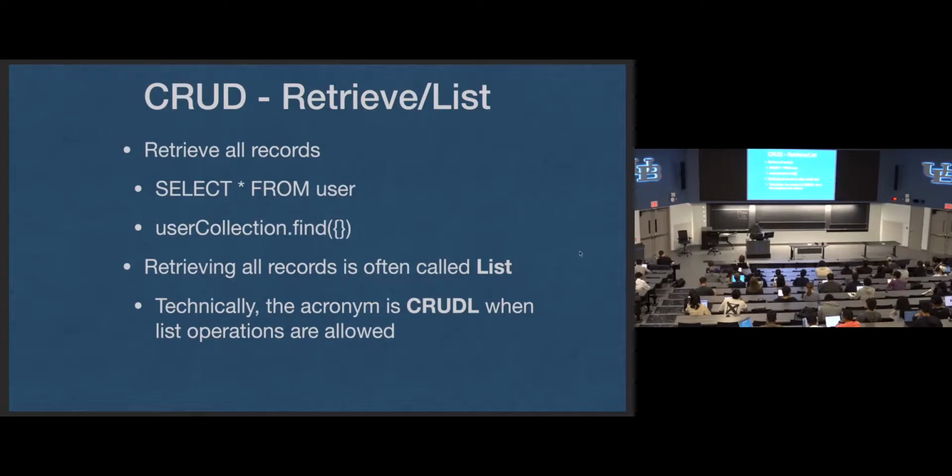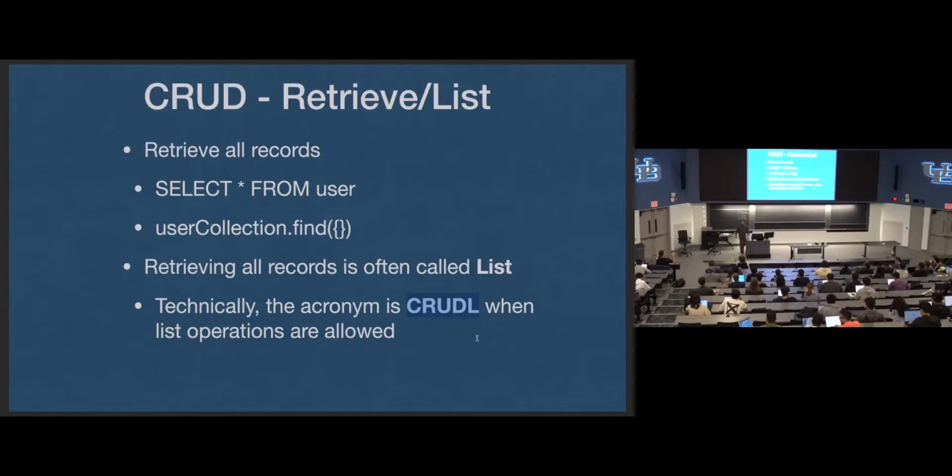This is usually called list, which means the acronym is actually CRUDL when list operations are allowed. So technically the homework API has CRUDL operations, but I think CRUDL sounds kind of dumb, and I like saying CRUD. That's the only reason I'm going to call it CRUD. So whatever. If you hear CRUDL in the future, just know that that is what you learned in this course.